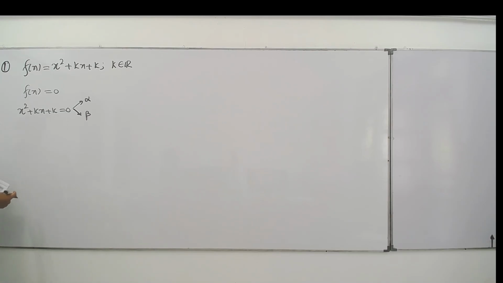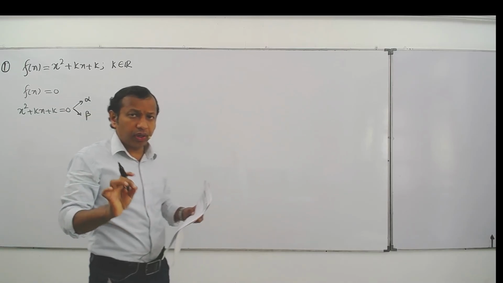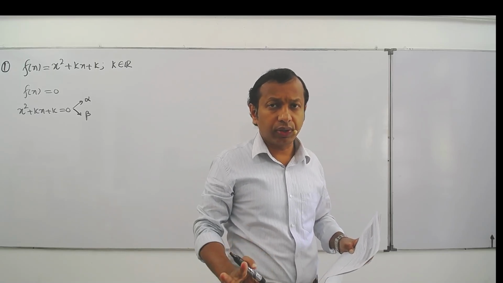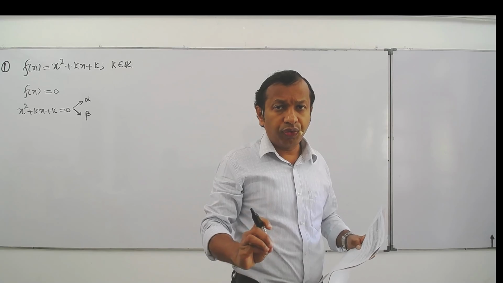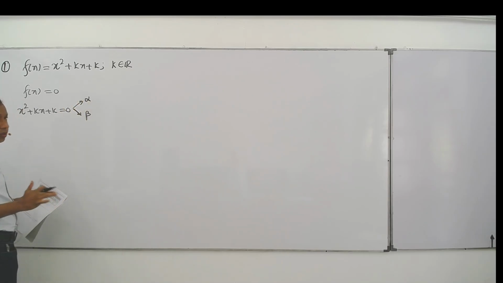So f(x) equals 0 means its roots are alpha and beta. When you put alpha for x, alpha squared plus k alpha plus k equals 0. When x equals alpha is a root, x minus alpha should be a factor, and also x minus beta should be a factor. So the two factors of this f(x) we can write as x minus alpha and x minus beta.